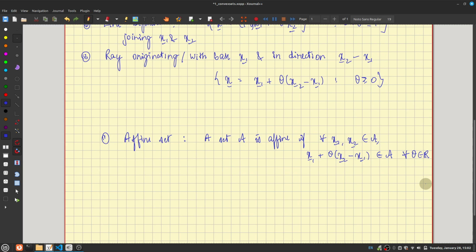Okay, would this be affine? It won't, right? Because then you take this other point and any point on the line joining those two should also be within the set if it is to be affine.